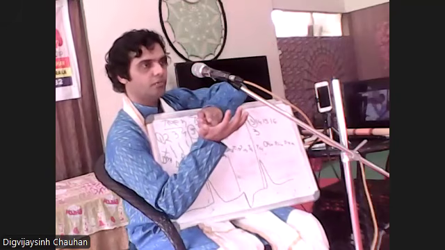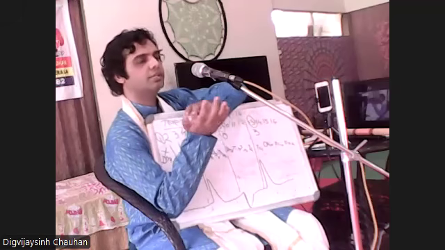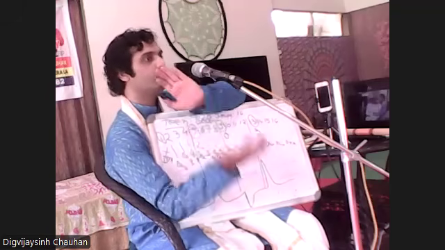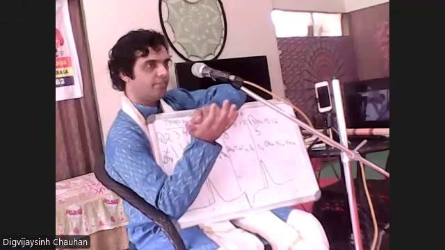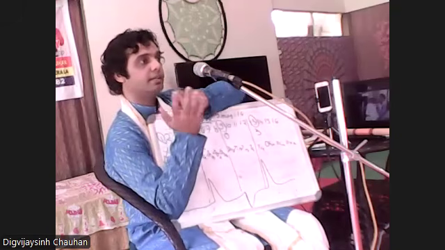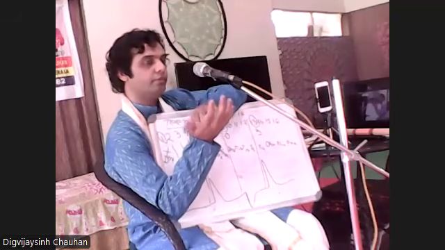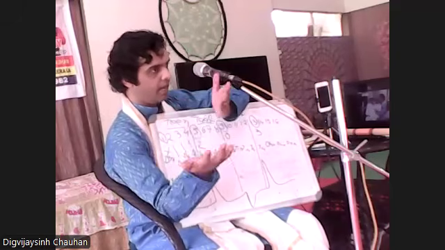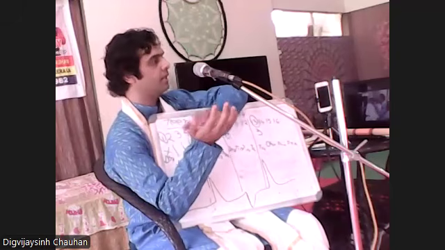Okay, start. 1, 2, 3, start. 1, 2, 3, 4, 5, 6, 7, 8, 9, 10, 11, 12, 13, 14, 15, bol. Dha, din, din, dha, and dha, din, din, dha, and dha, tin, tin, ta, and ta, din, din, dha, dha.